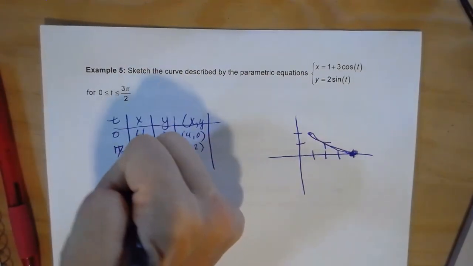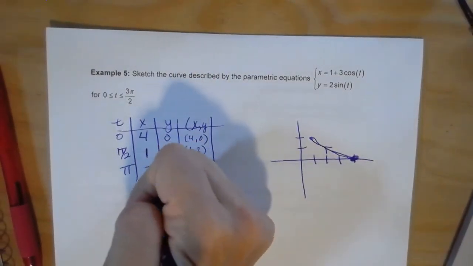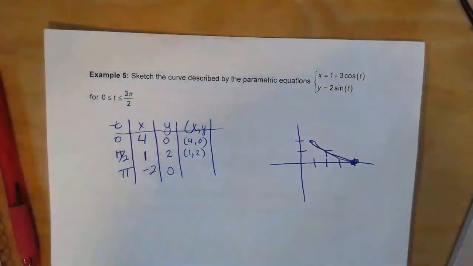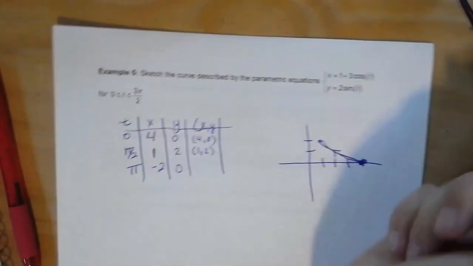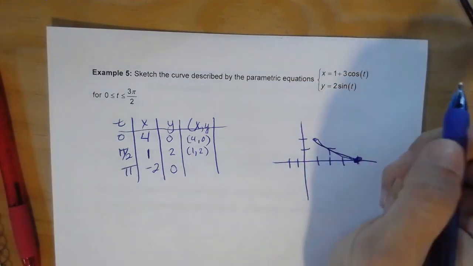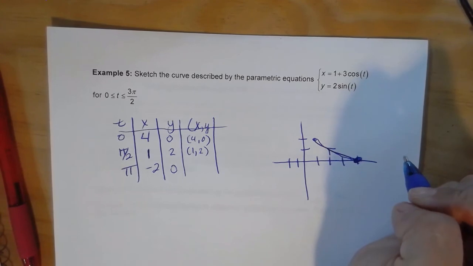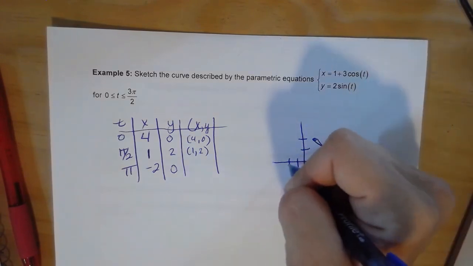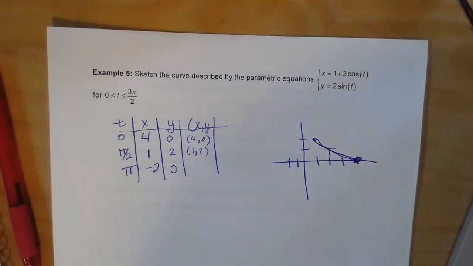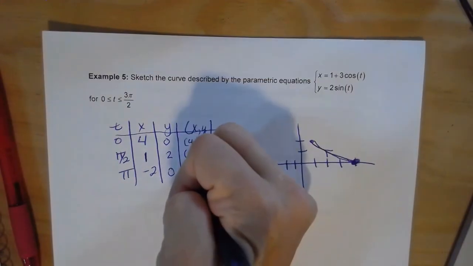Now we have pi. Okay, if we plug in pi there, we get -2. Plug in pi into y, we get 0. We get -2, 0. So at -2, we're at 0. Okay guys, so now you know how I hesitate right here.